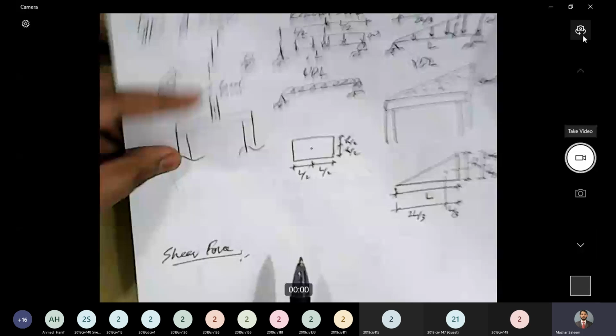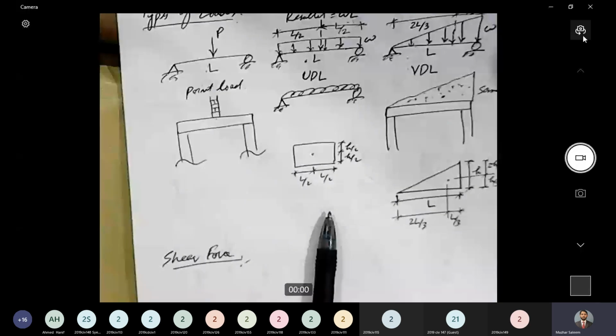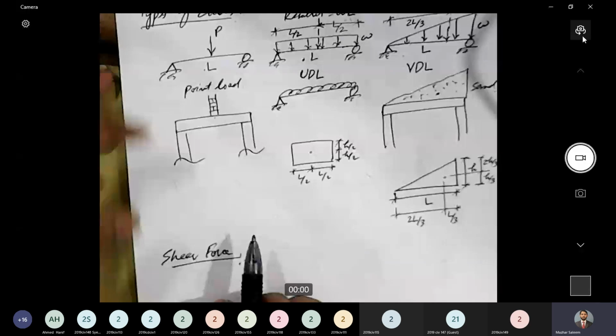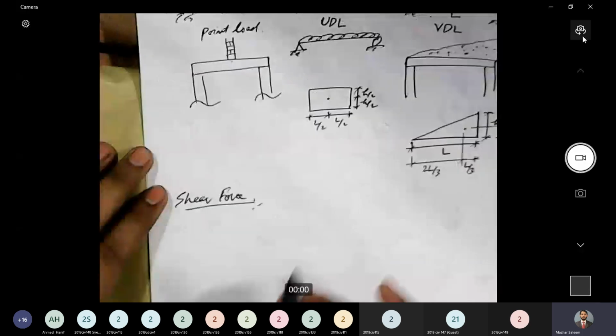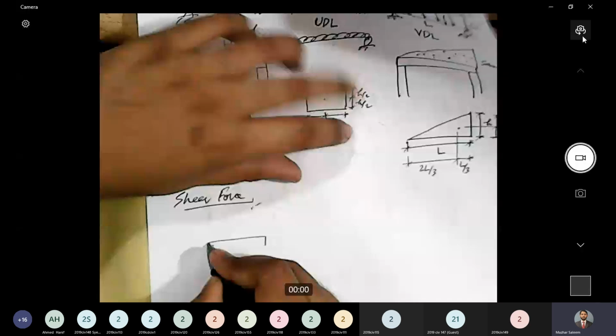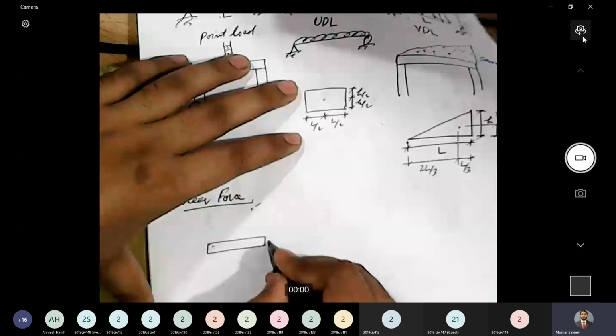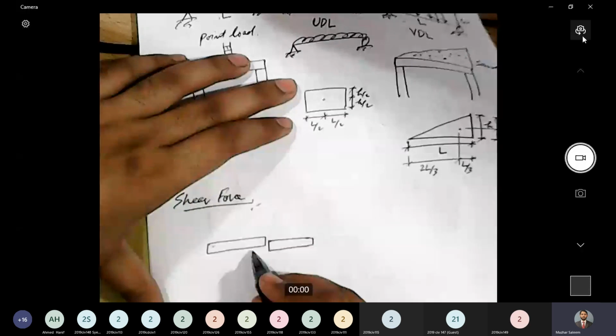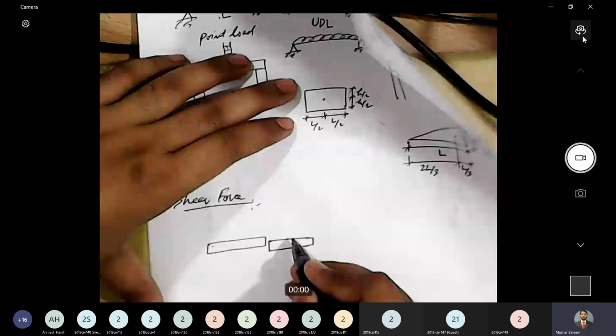Shear force is a force that tends to slide one section relative to the other. And there are two possibilities for this. One possibility is that the left part of this section tends to move upward and the right part tends to move downwards.